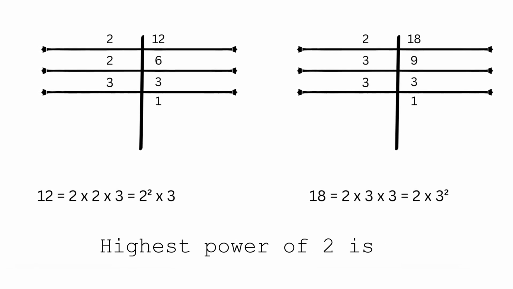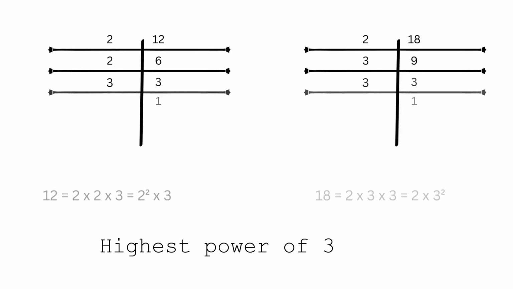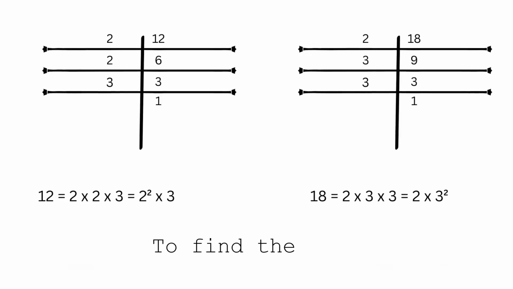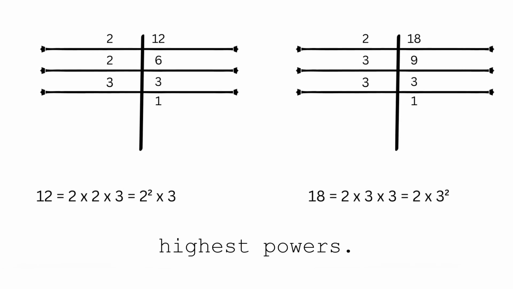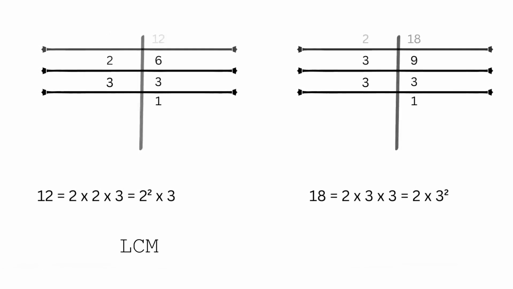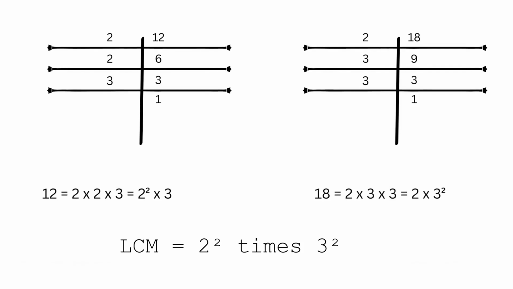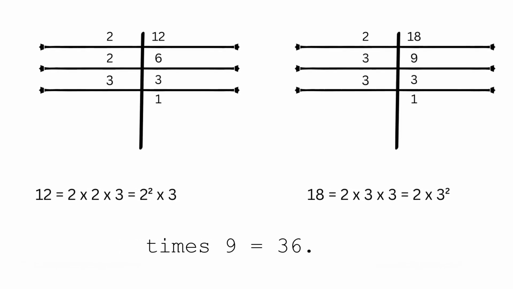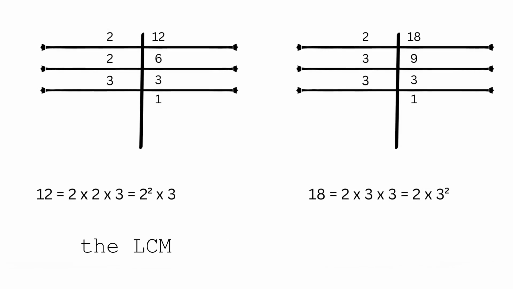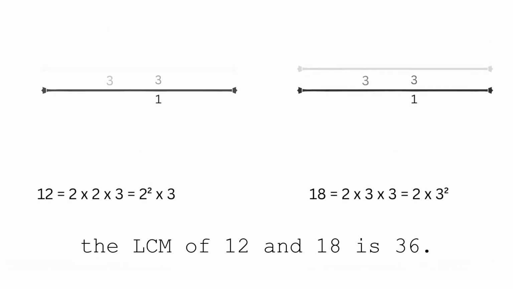Highest power of 2 is 2. Highest power of 3 is 2. To find the LCM, multiply all the unique prime factors with their highest powers. LCM equals 2 to the power of 2 times 3 to the power of 2 equals 4 times 9 equals 36. So, the LCM of 12 and 18 is 36.